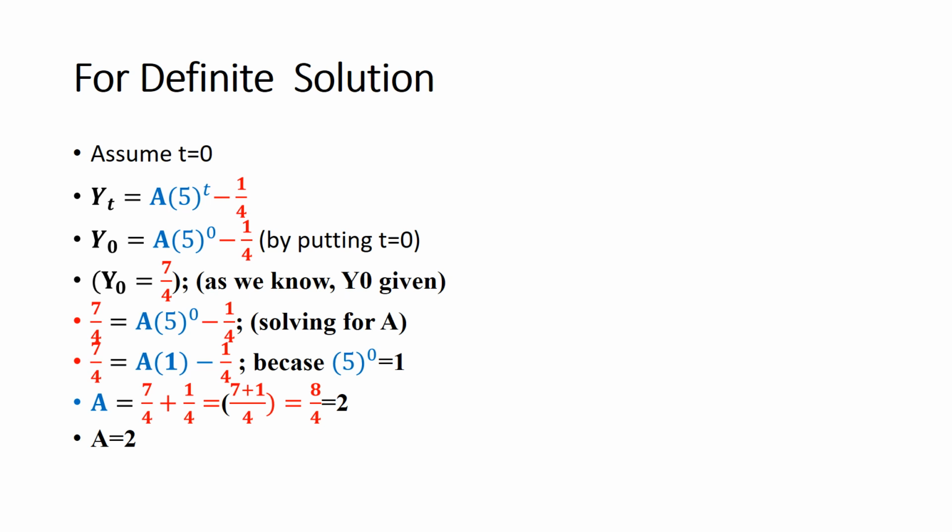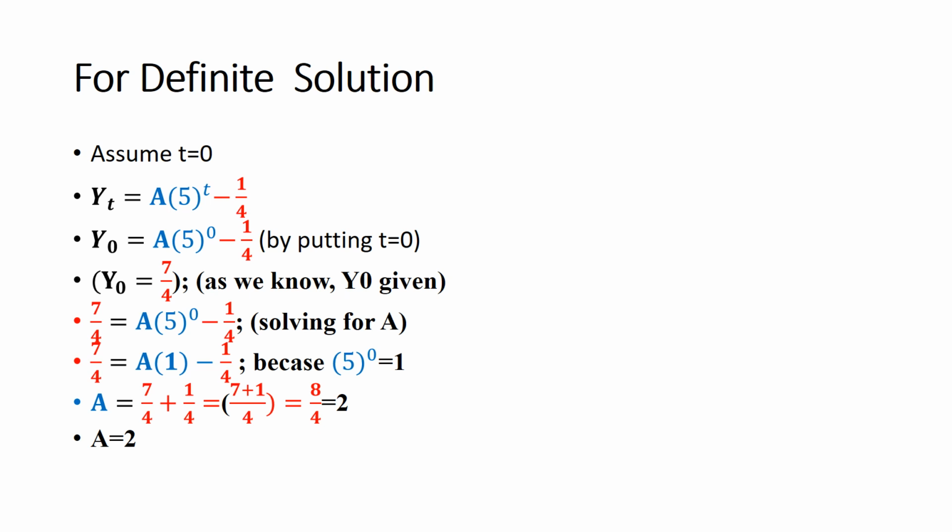Y naught is equal to 7 by 4, as given in the initial condition in the question. By substituting the value of y naught in the above equation, we get 7 by 4 is equal to A into 5 raised to the power 0 minus 1 by 4. Solving for A, 7 by 4 is equal to A into 1 minus 1 by 4, because 5 to the power 0 is equal to 1.